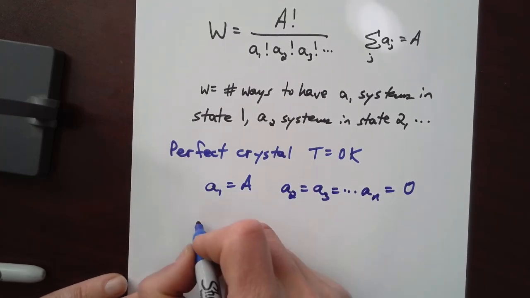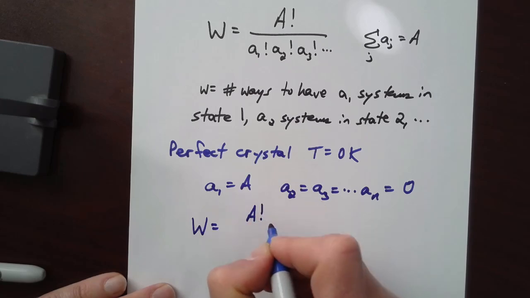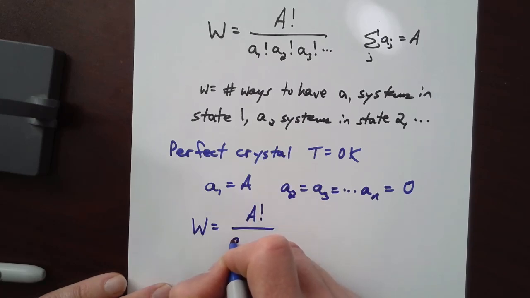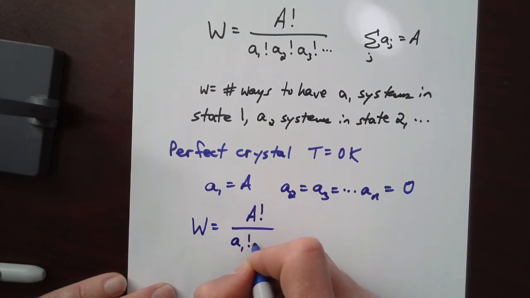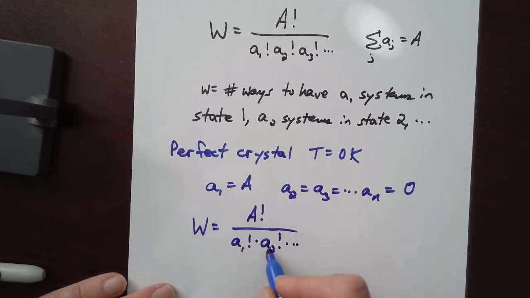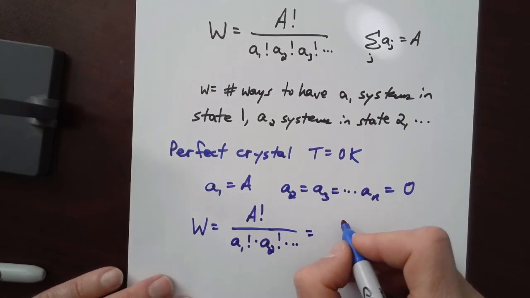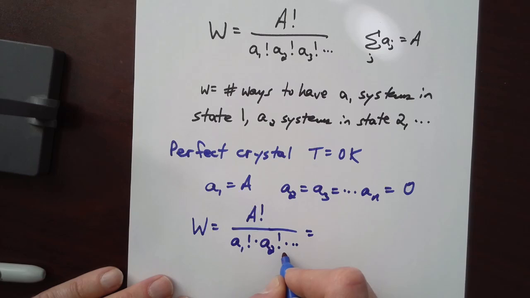Okay. So W is equal to A factorial over A1 factorial times A2 factorial times, and so on, right? Well, what is 0 factorial? You may not remember this, but 0 factorial is 1. So all of these terms are 1.